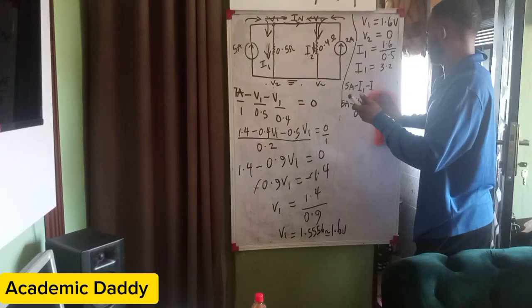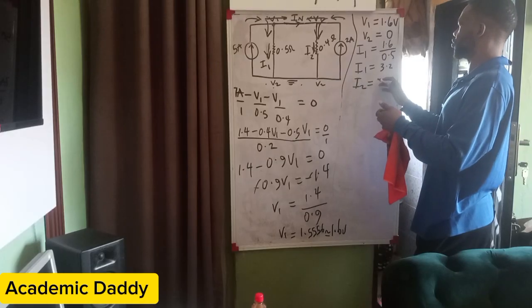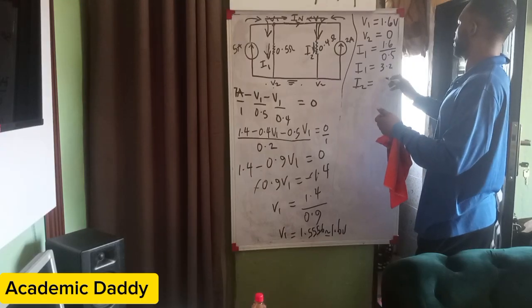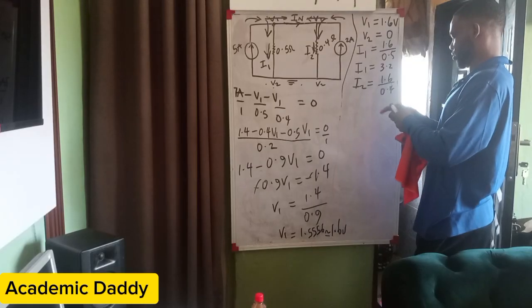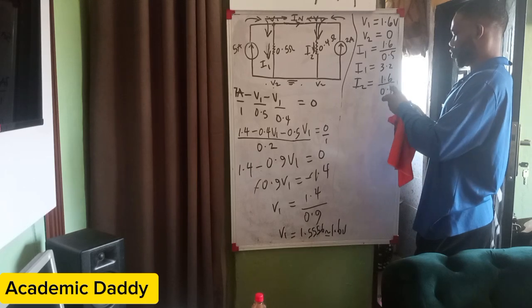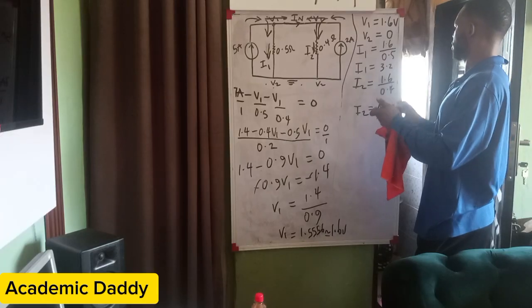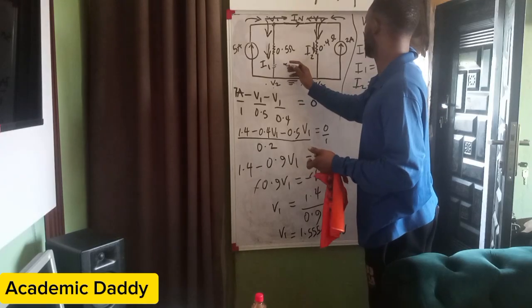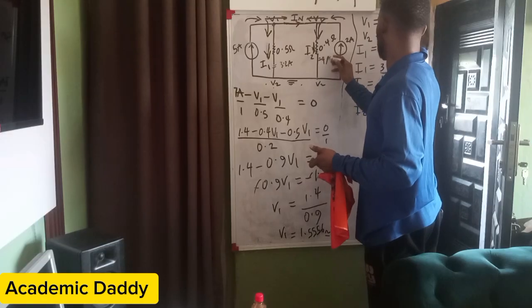Now I2 is equal to V1 over 0.4, so that is 1.6 over 0.4, which equals 4. I2 is equal to 4 amps, and this one is 3.2 amps.